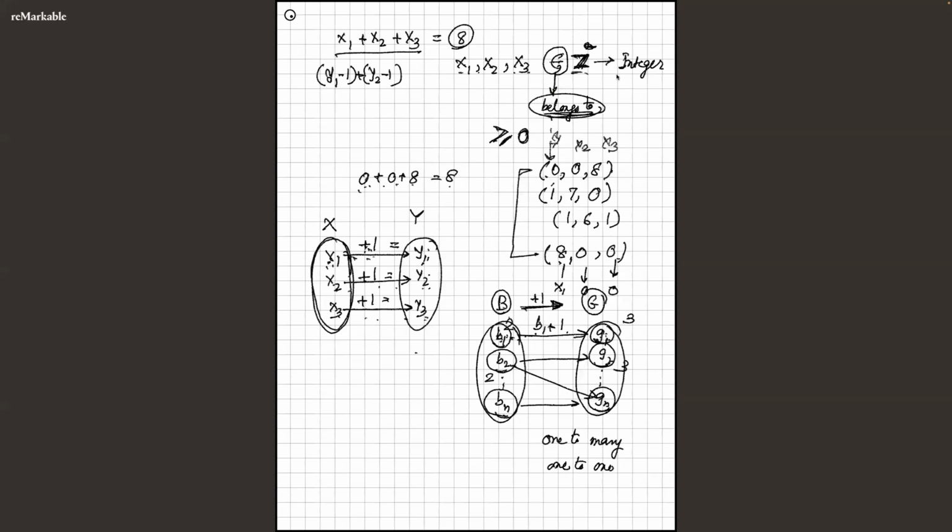So if it is 0, for example, I want this to be mapped to 1. Map to means 1 would be mapping to 2, 7 would be mapping to 8, and 0 would be mapping to 1. So now the problem reduces to y1 minus 1 plus y2 minus 1 plus y3 minus 1 is equal to 8.